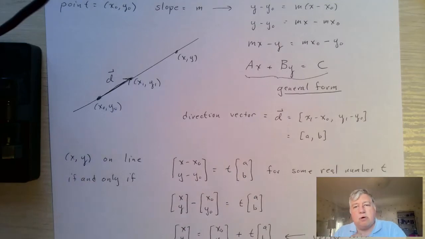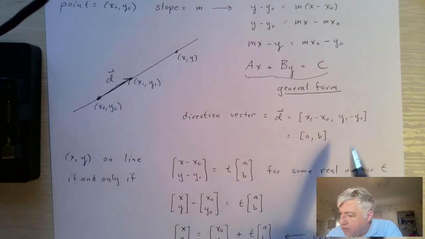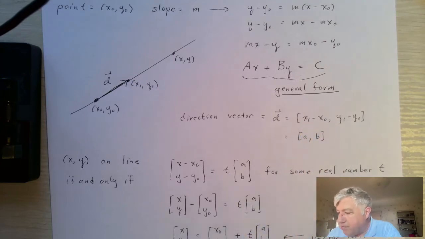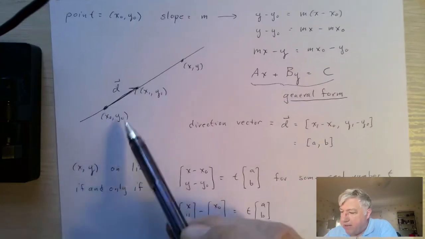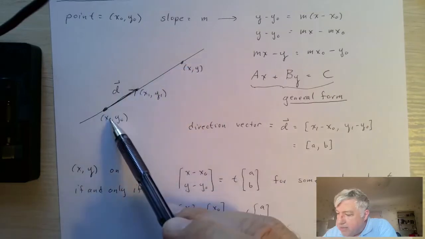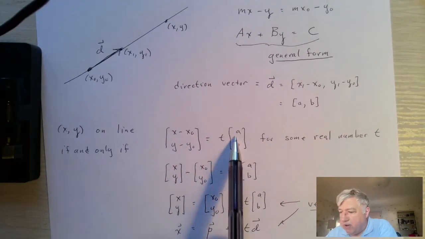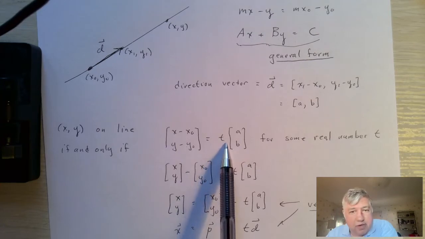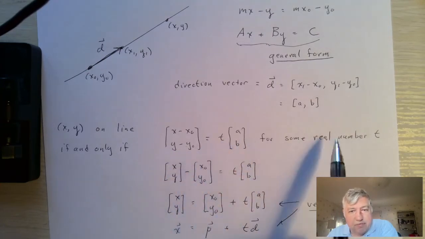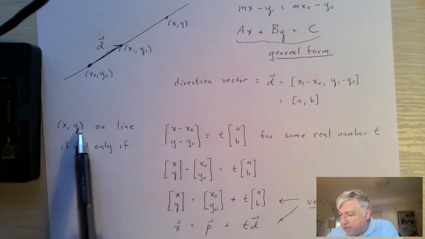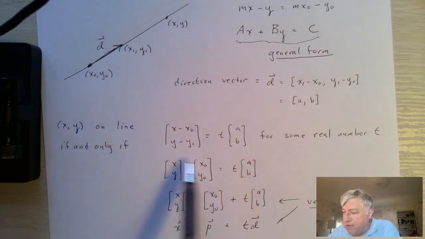So we get these a, b. We can just call this a, call this b, and then we can see that this minus this is a vector that has to be a scalar multiple of AB. That's where this t comes in. So this equals this for some real number t. So xy is on the line if and only if this equation holds.